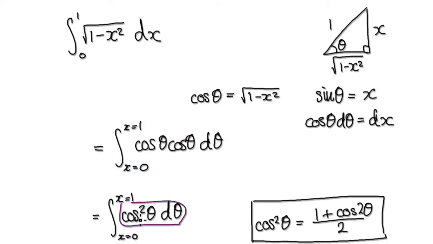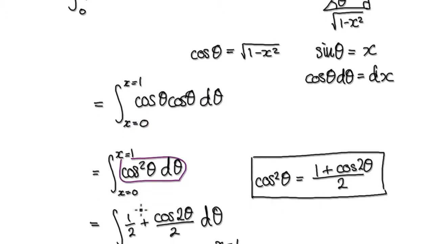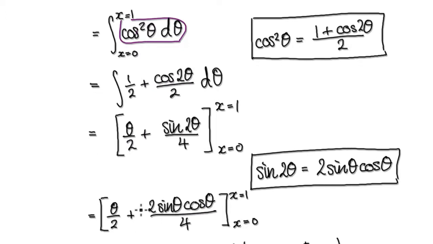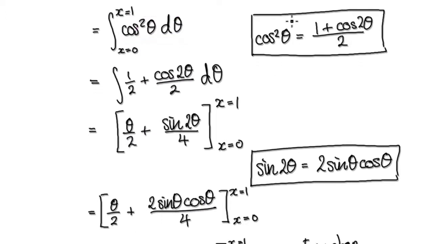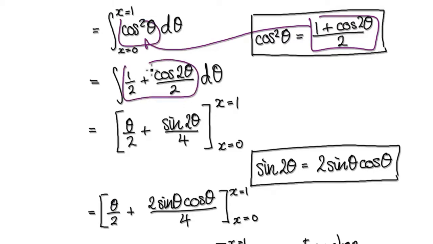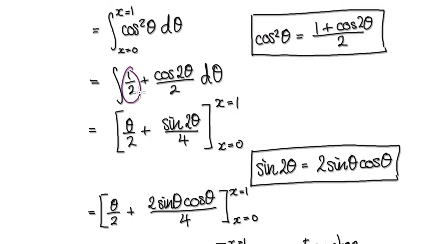So now it's just a matter of integrating cos squared. To integrate cos squared, we would make use of this. By the way, you can make use of the reduction formula. It's more efficient. The reduction formula will probably take you straight to here. Well, anyway, to integrate this, make use of this. Put this into here. That will then give us this thing. Now integrate. When you integrate the half, it will be theta over 2.